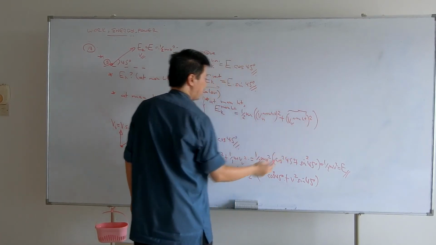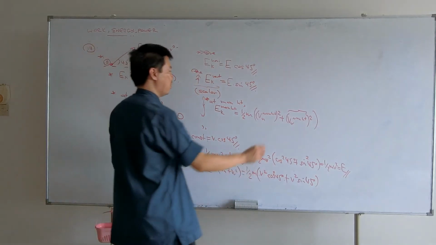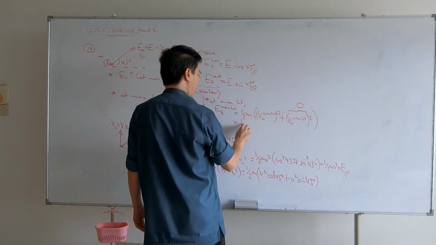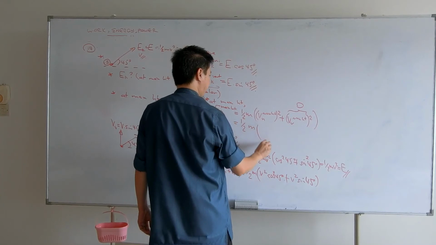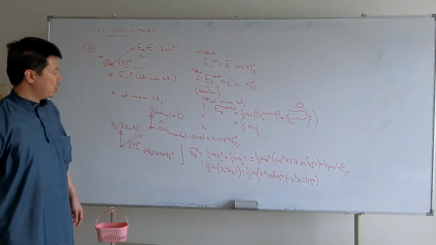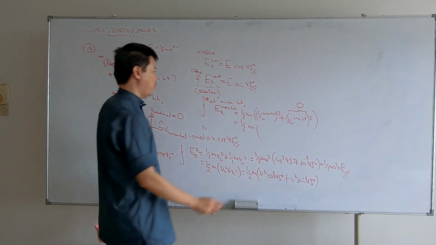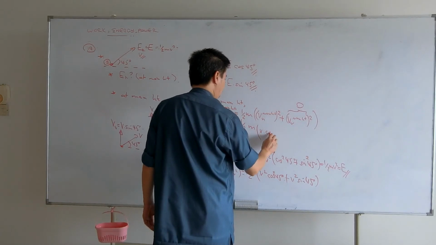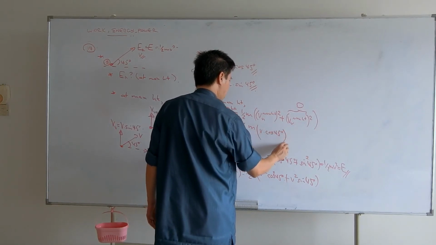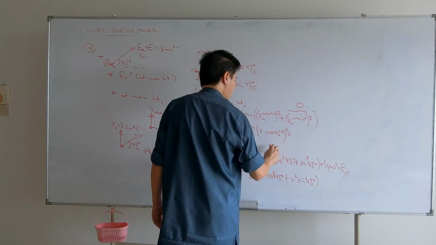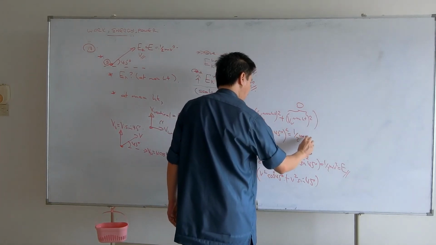Vertical velocity at max height equal to 0. So we are left with half m. What is VH here? VH is V cos 45. So half m, V cos 45 degrees squared.